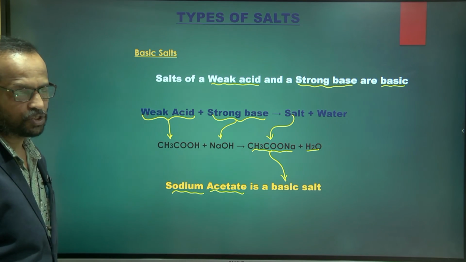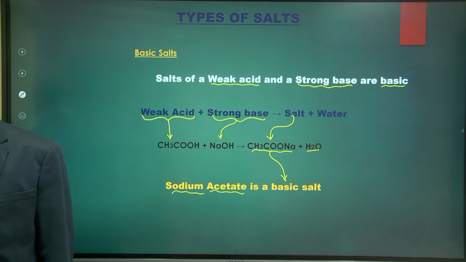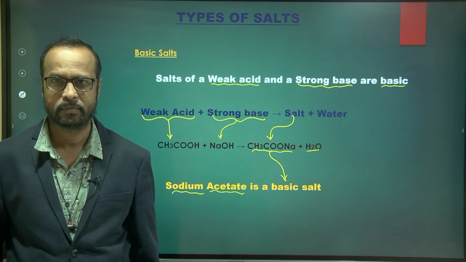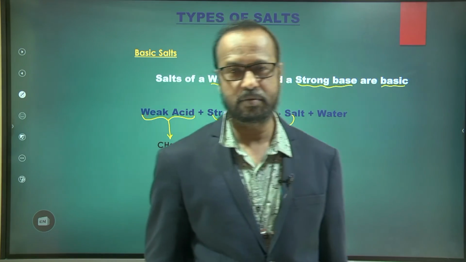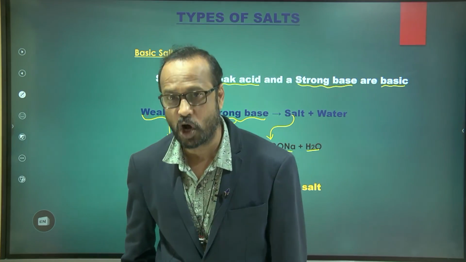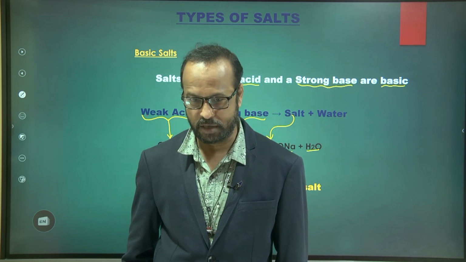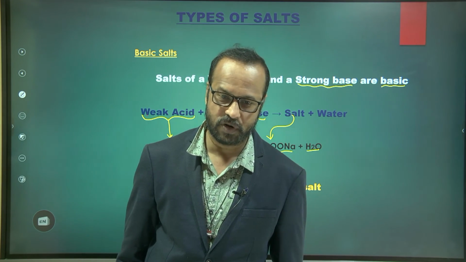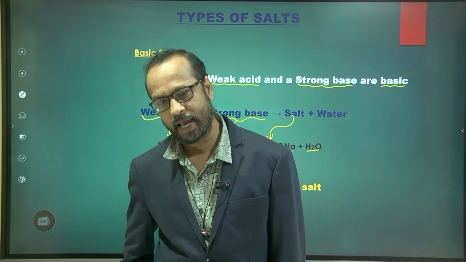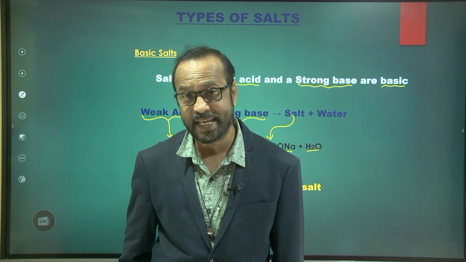Yes, sir. Chalo. Note down this one also. Done, sir. Now, in the first slide, we discussed strong acid reacting with strong base. So which salt is formed? Neutral salt. When strong acid reacts with weak base, which salt is formed? Acidic salt. In the third one, strong base is reacting with weak acid.